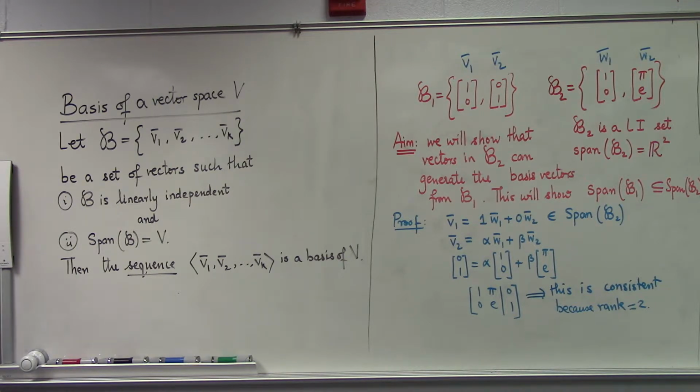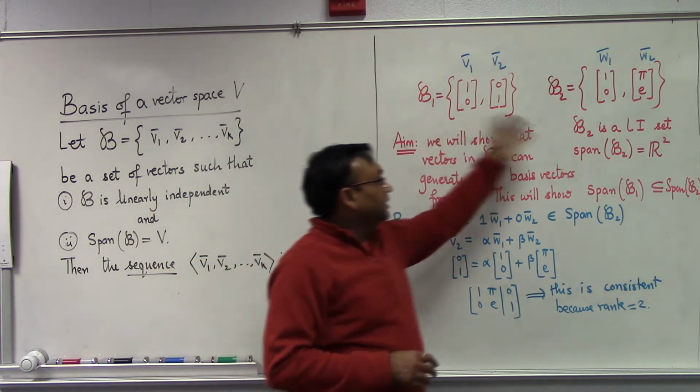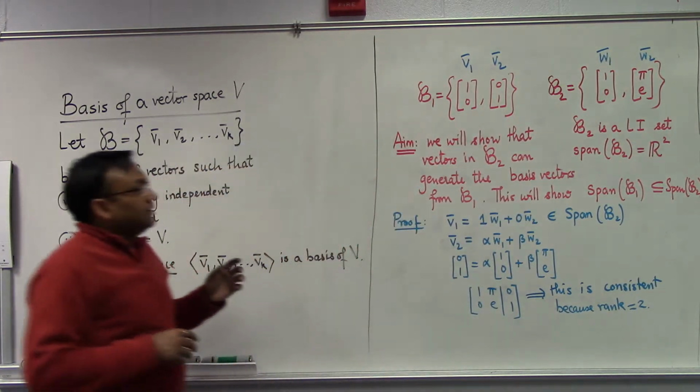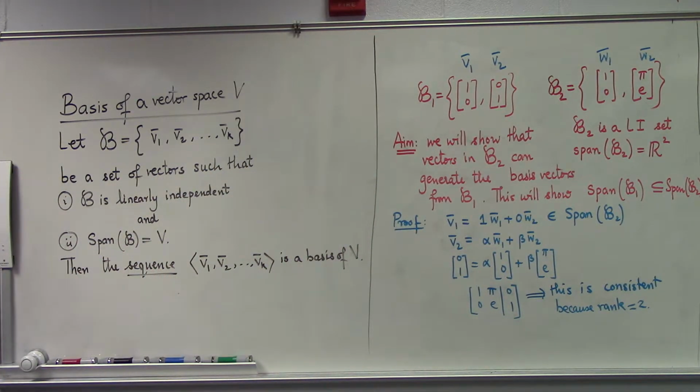So now the question is, if I have infinitely many bases, for example, I gave you examples of two bases, B1 and B2. They don't have anything in common except maybe the first vector. But since I said I could have a completely different basis, what is the guarantee that all the bases have the same number of elements?